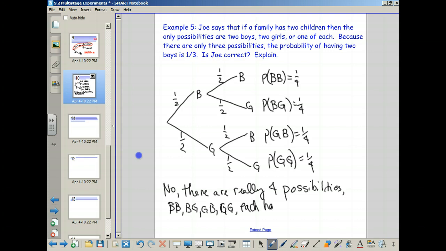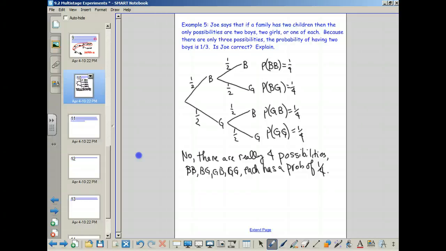And each has a probability of 1/4. That's what I heard before. So the probability of having 2 boys is what? Right. So 1/4 probability, not a 1/2 probability.